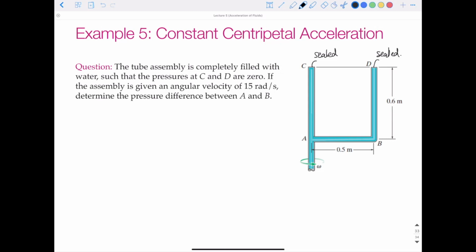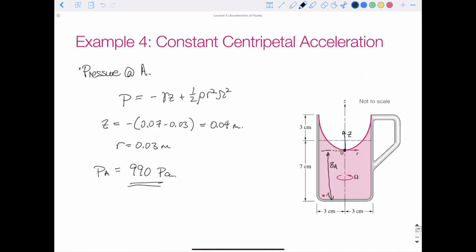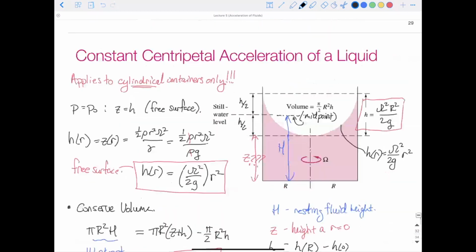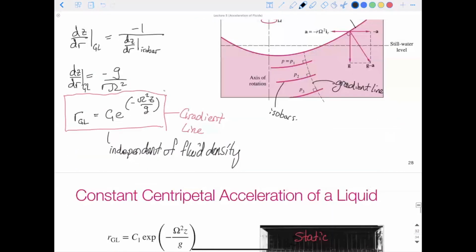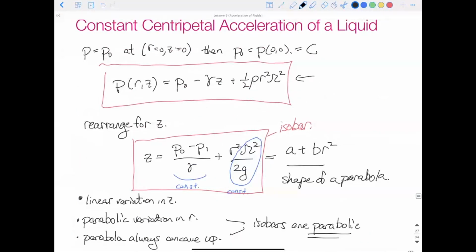For the last question, pressure at A. Yeah, so if we go back up to the last question, we had our equation for pressure right here.